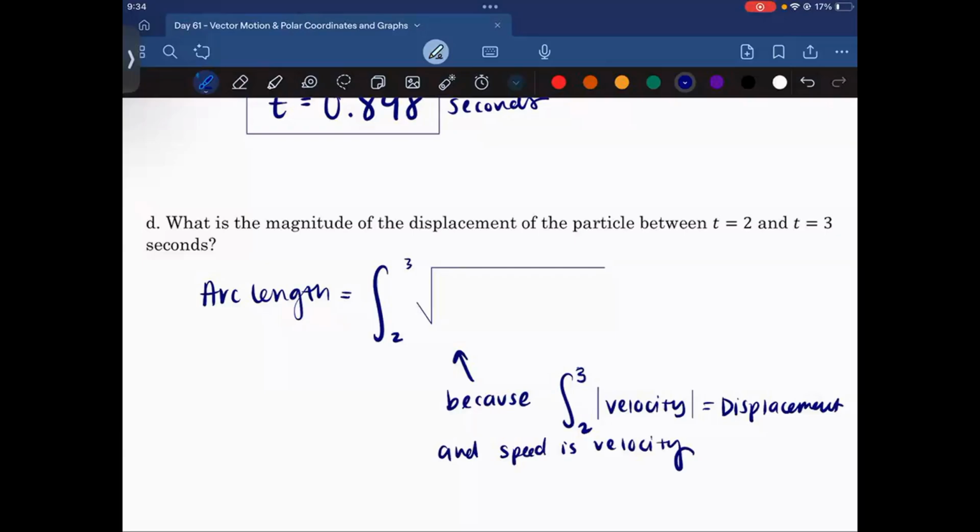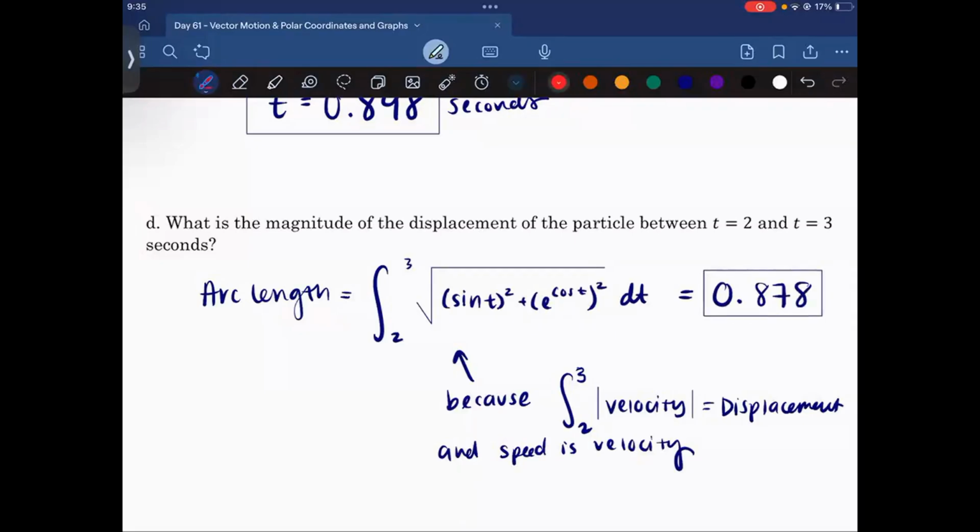And that's why we have the absolute value, it has to be positive, right? Because it's inside of a square root, so it has to be positive, or else we're dealing with some imaginary numbers, which we do not want. But if we plug this into our calculator, it will give us 0.878 as our answer.